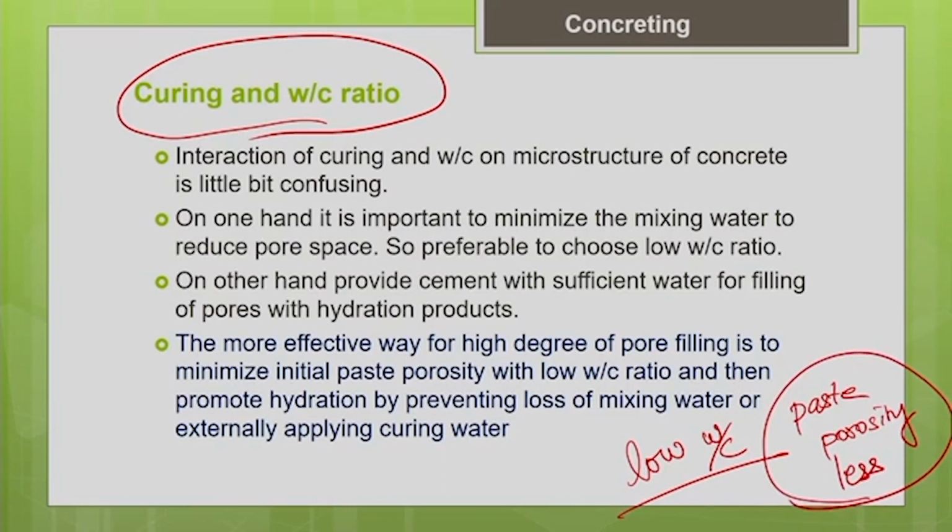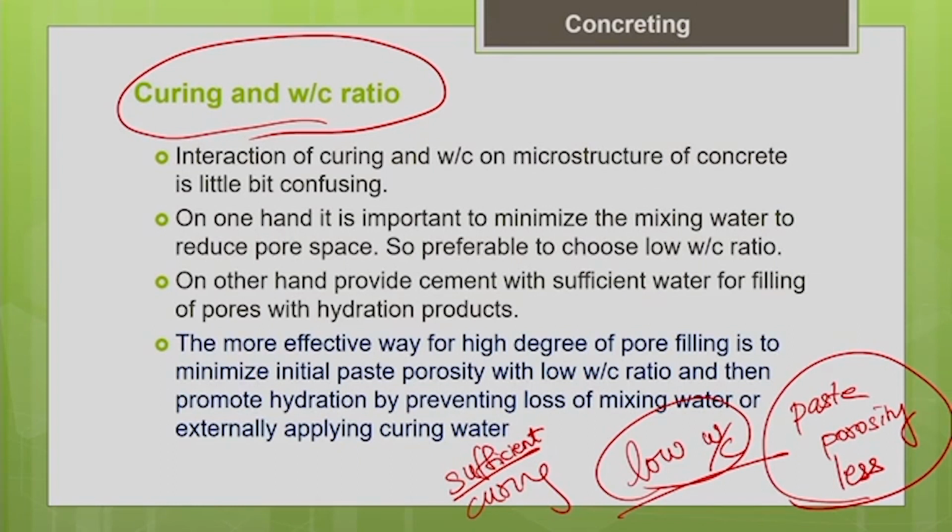But you have to give sufficient curing for the concrete, that is very important. Though you go for low water to cement ratio, the important thing to get a good microstructure is to give sufficient curing for concrete.